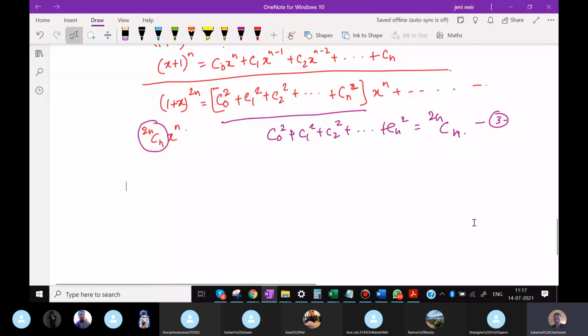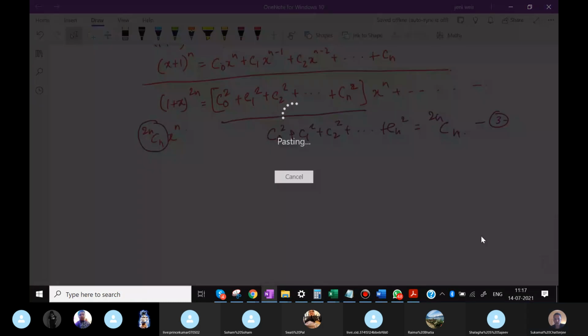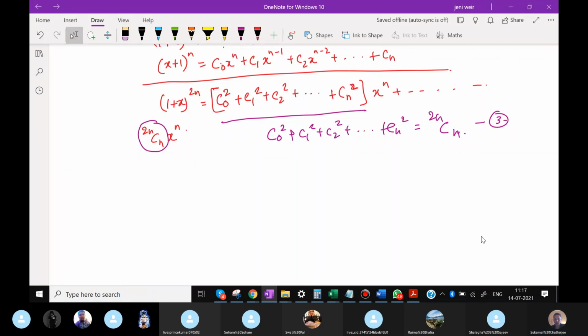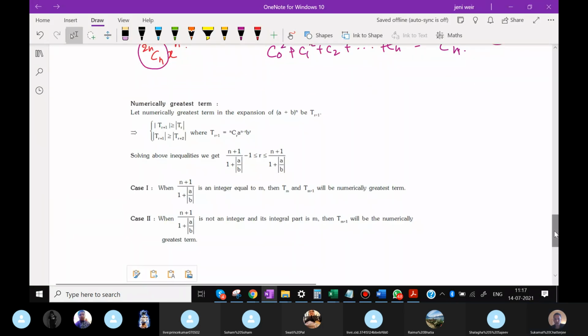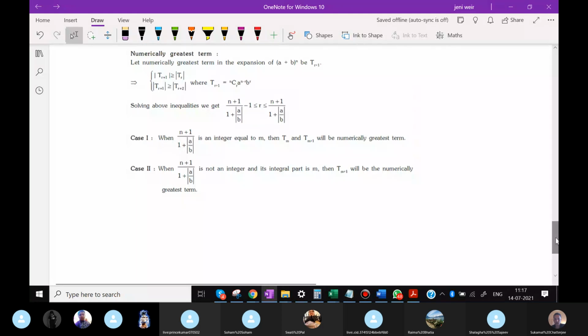The other important concept in binomial theorem is what would be the greatest term in a binomial expansion. The magnitude of the greatest term will depend on the values of a and b.